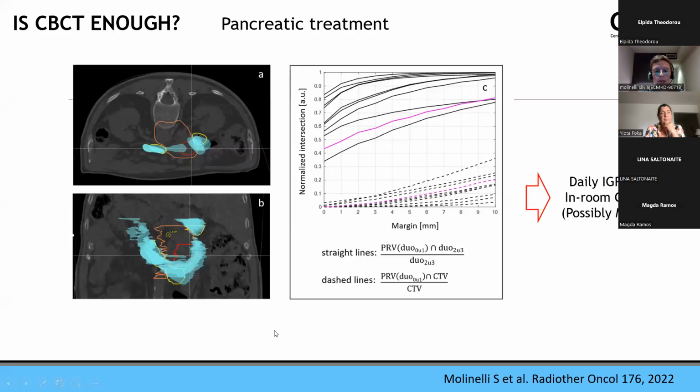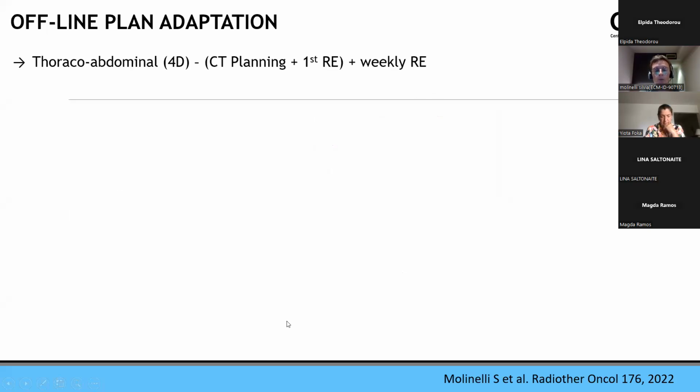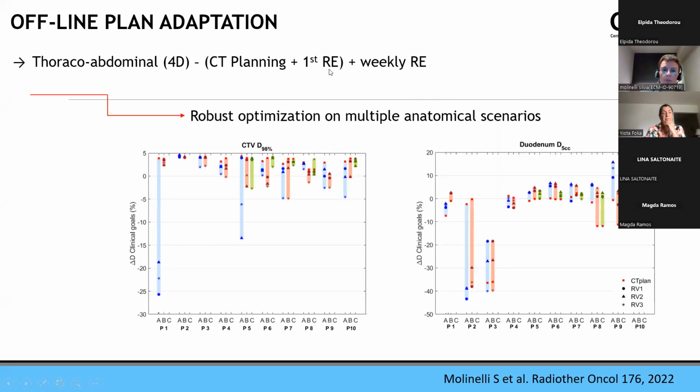So what we are doing now when we treat this patient, it's what I skipped before. We are doing all the robust optimization that I mentioned, and we are also including in the robust optimization different anatomical scenarios.